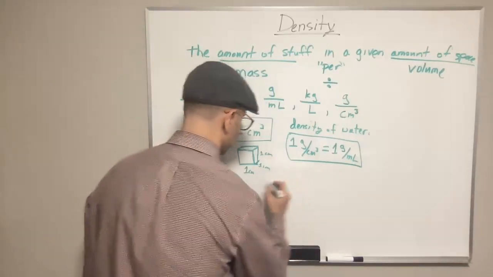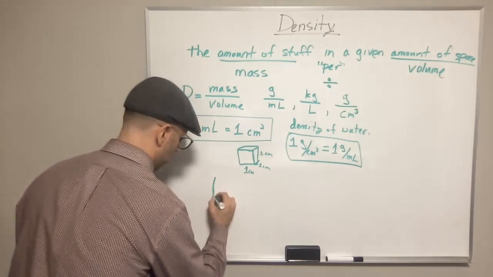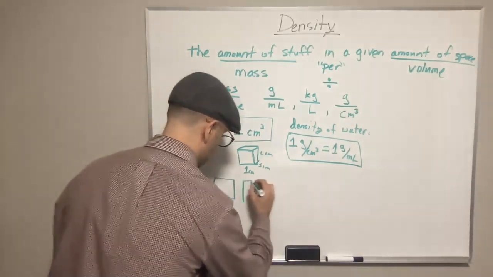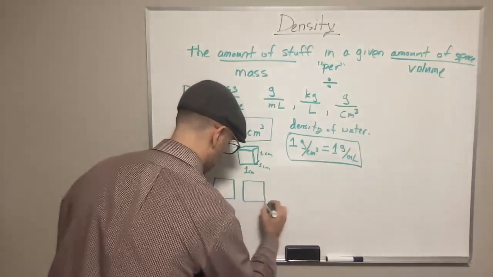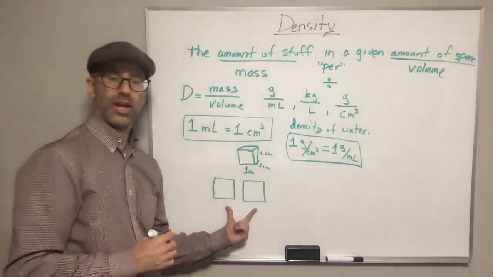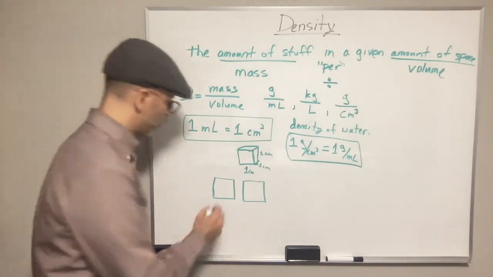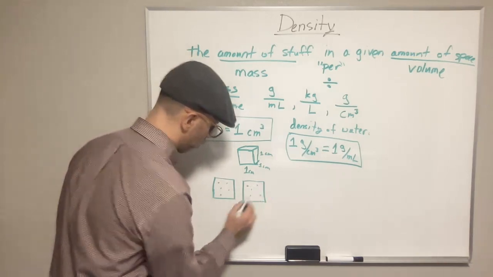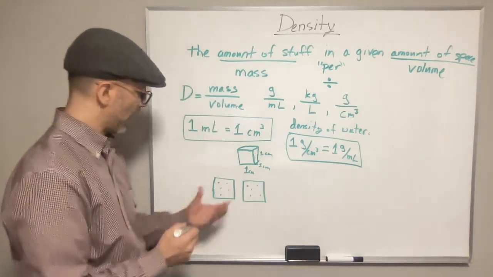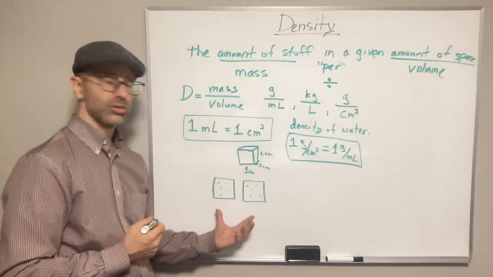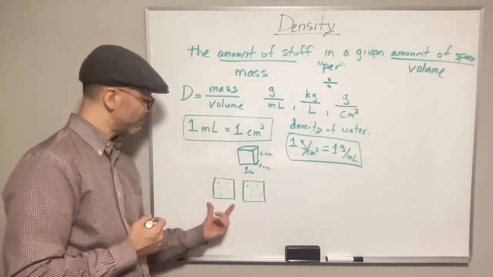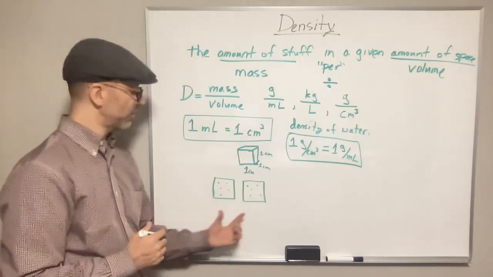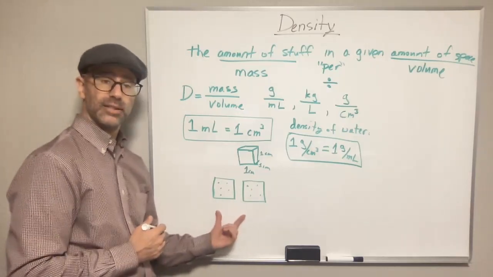So here, let's say I have a box and I have another box, and let's assume that these are the same volume. So if I have 1, 2, 3, 4, 5 dots in here, and I have 1, 2, 3, 4, 5 dots in there, or atoms, or molecules, or particles, if they have the same volume and the same amount of stuff in the same volume, then these would have the same density, right?